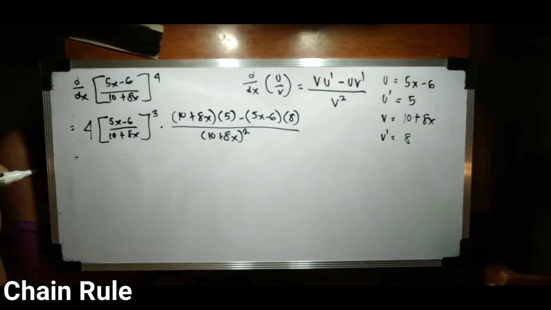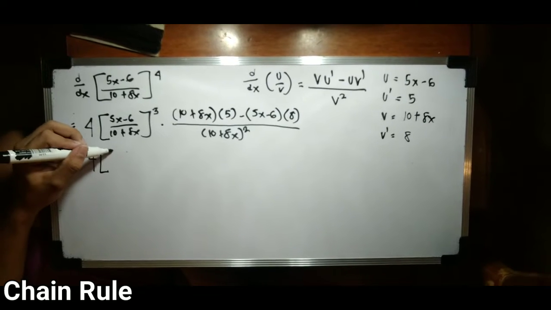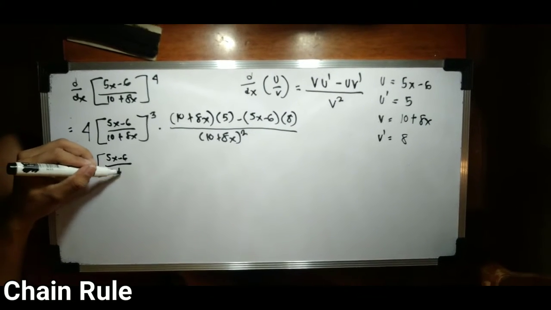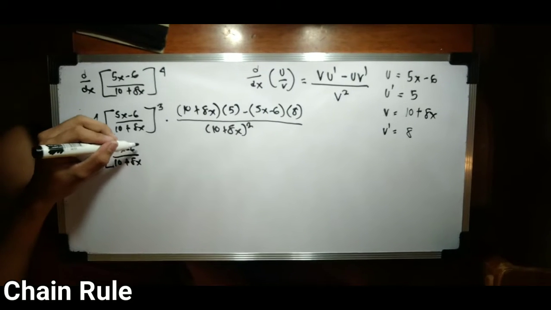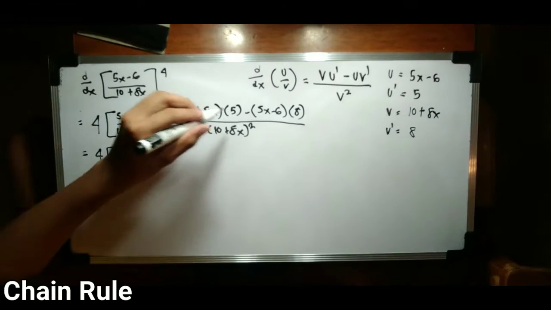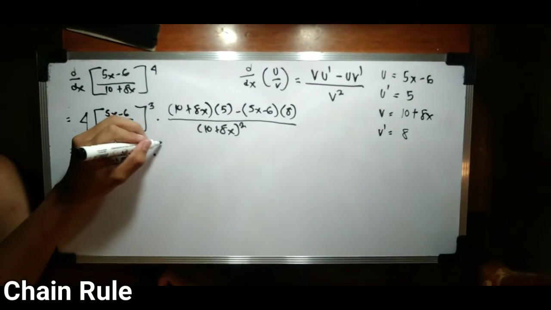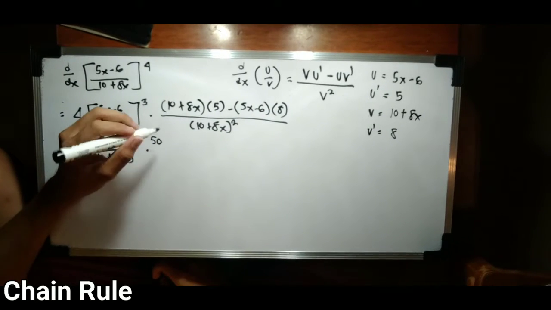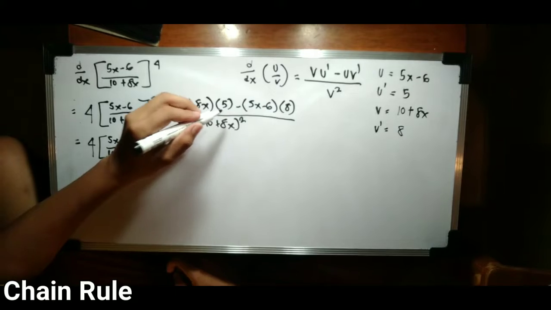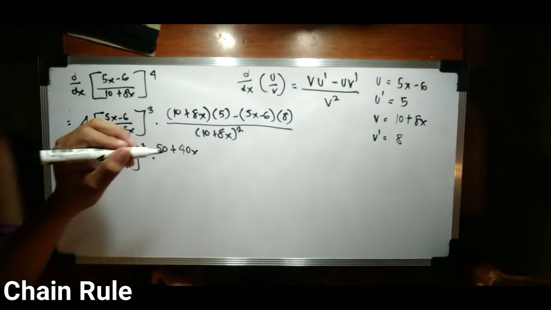So let's copy 4 times 5x minus 6 over 10 plus 8x raised to 3. Then let's distribute 5 to this binomial. So this will become 5 times 10 is equal to 50 plus 5 times 8x equals 40x.